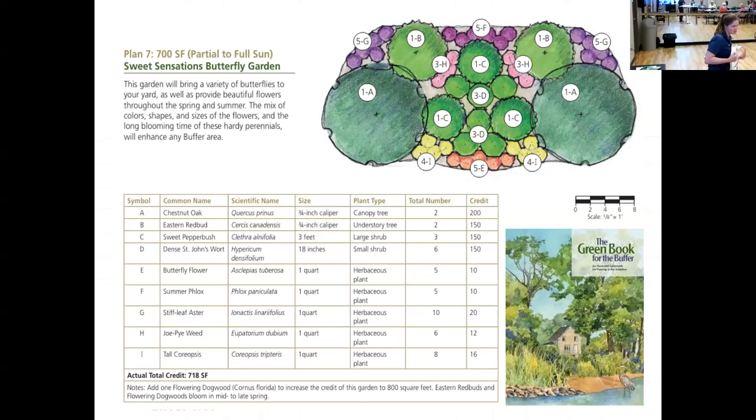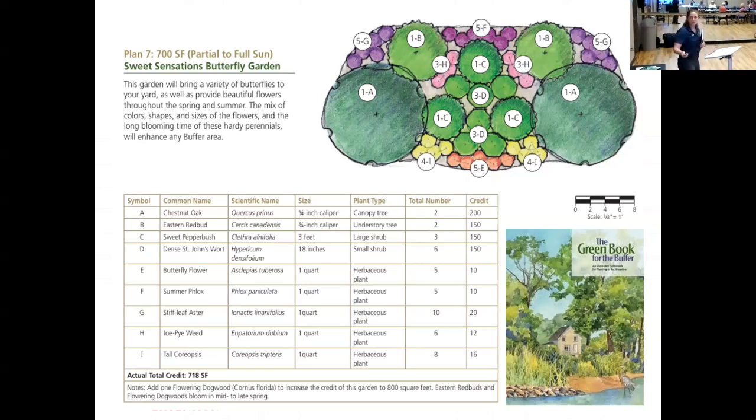But it just gives you some good ideas, especially if you're looking to put in a small cluster garden somewhere. It's a really easy way to get some native plants into a formal plan like this.